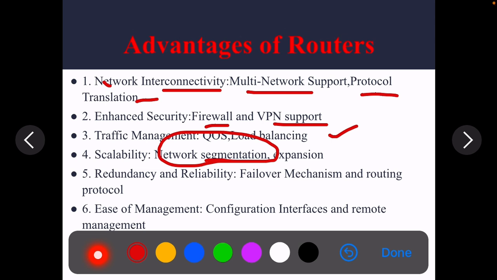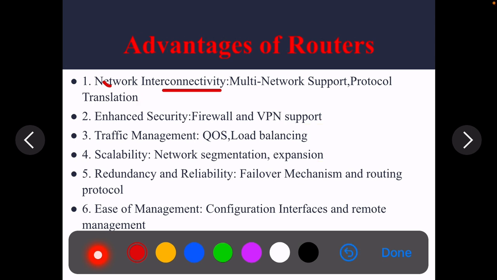It divides the network into smaller networks, allowing large networks to be divided into smaller and manageable segments. And what it does then is improve the performance and security. That's why network segmentation is necessary. And then expansion. Expansion means adding more routers can easily expand a network, accommodating growth in devices and users.